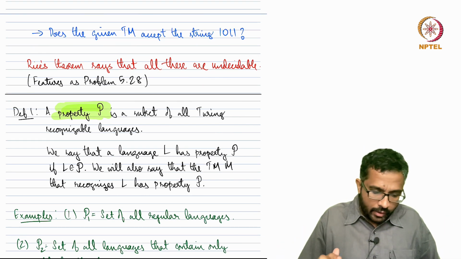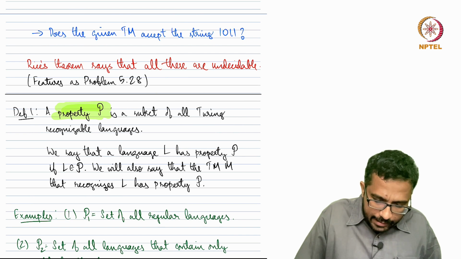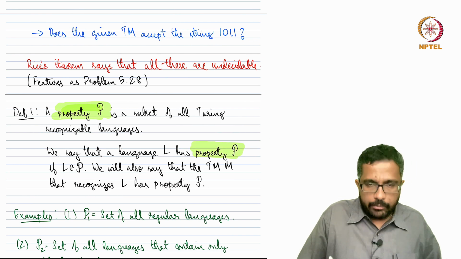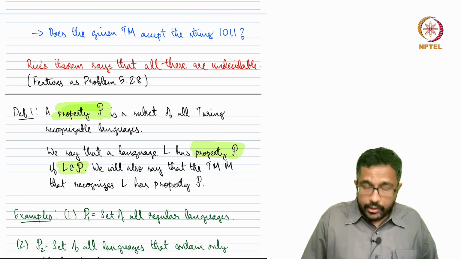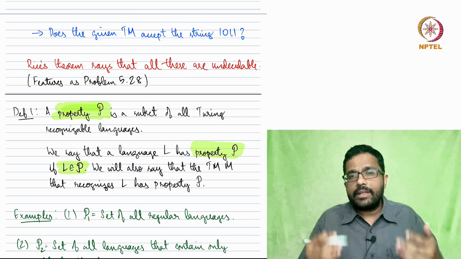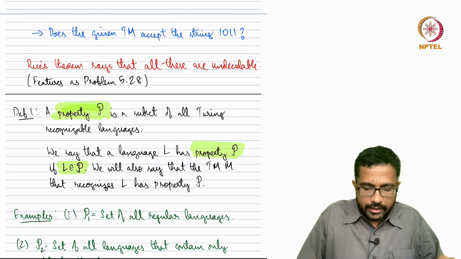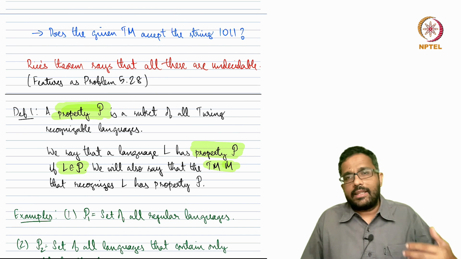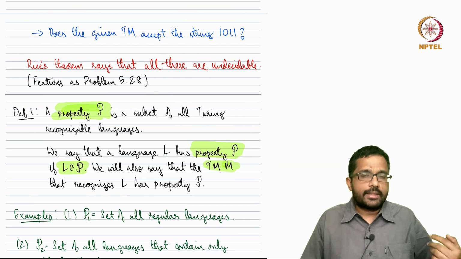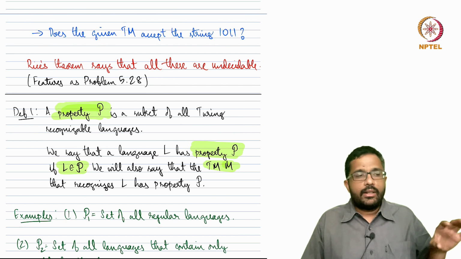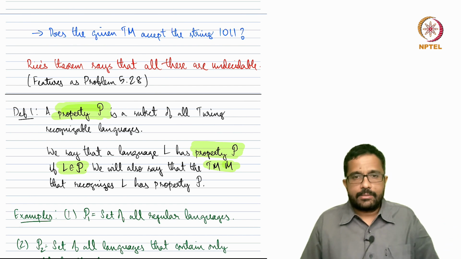We say that a language L has property P, where property P is a subset of languages, if L belongs to that property. We also say that the Turing machine M itself has that property. So instead of saying the language recognized by M has that property, sometimes we may say that M has that property.